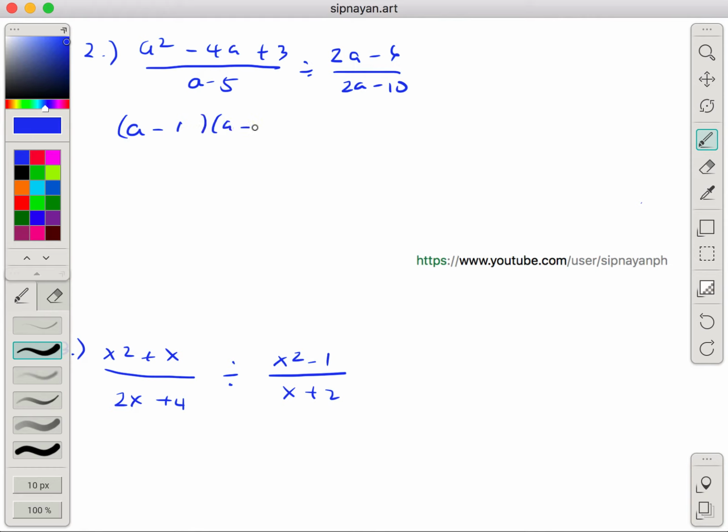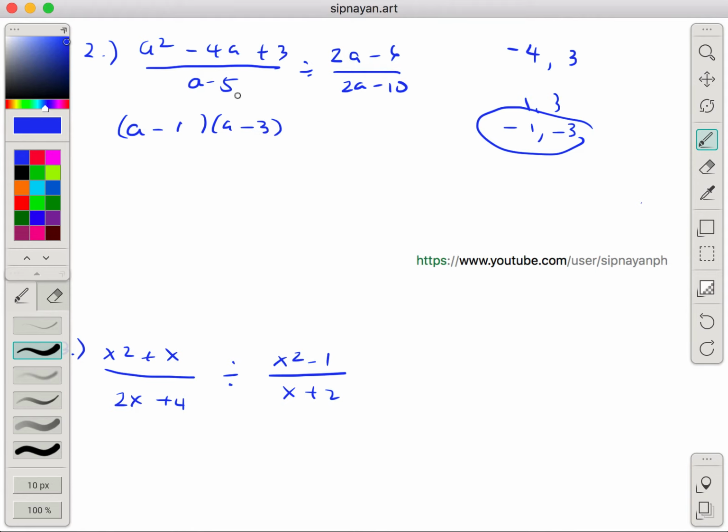Ang technique dyan is meron tayong sum na negative 4 tsaka product na 3. So, anong number na ang sum ay negative 4 at product 3? Ano ba yung mga numbers na ang product ay 3? Dalawang numbers. We have 1 and 3. We have negative 1 and negative 3. So, ito yun, minus 1 tsaka minus 3. Kaya a minus 1, a minus 3.